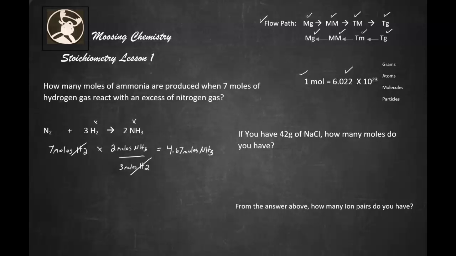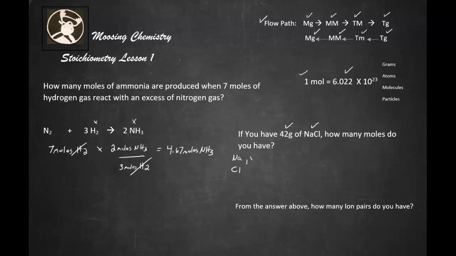All right, now, here's your next question. If you have 42 grams of sodium chloride, how many moles do you have? Well, the first thing you notice is that you've got 42 grams. So to change that, you're going to have to know the molar mass of sodium chloride. So you come over here, you set up Na, and you put Cl.